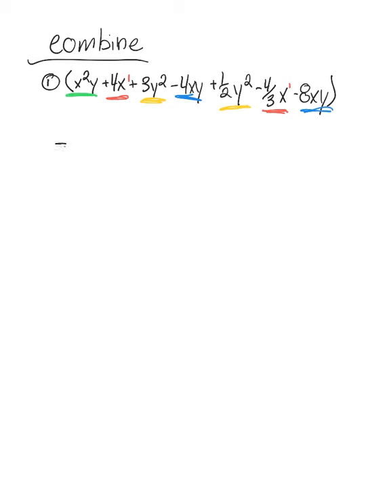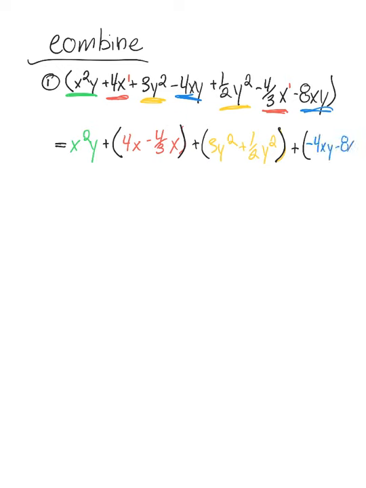So this will equal x squared y plus 4x minus 4/3 x plus 3y squared plus 1/2 y squared plus negative 4xy minus 8xy.